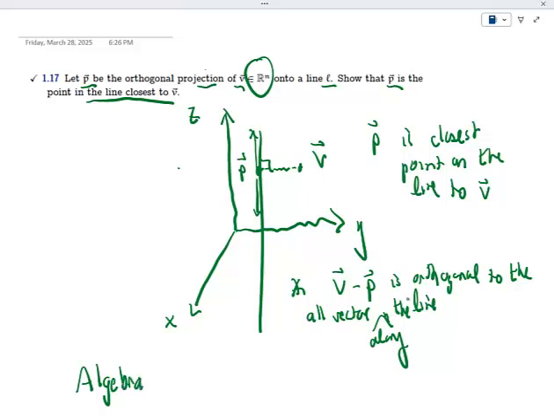So what's an algebraic specification of the line? The way you determine a line algebraically is you choose a point on the line, and then you take an arbitrary multiple of the vector along the line.